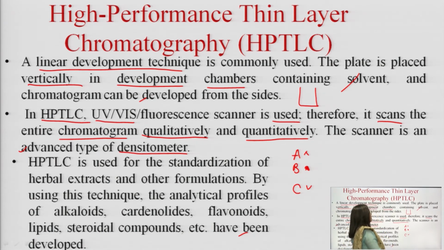Or else, if a control and the amount of the control is already given, calculating the density, the scanner can compute, estimate the amount of substance with the solute A, B and C. That means it can determine quantitatively the solutes present or the analytes present in the given sample.